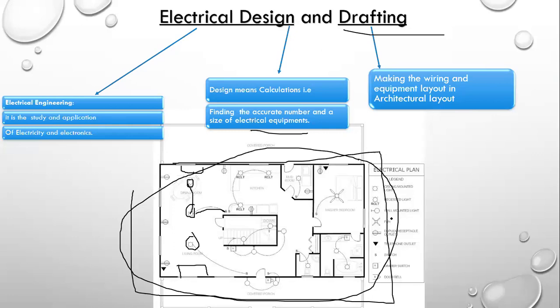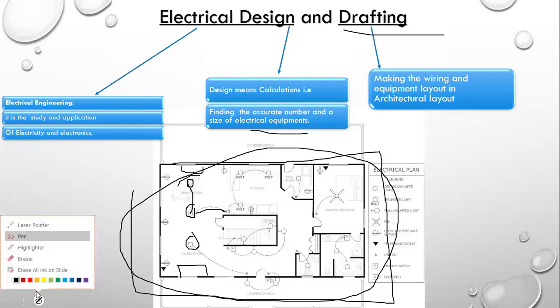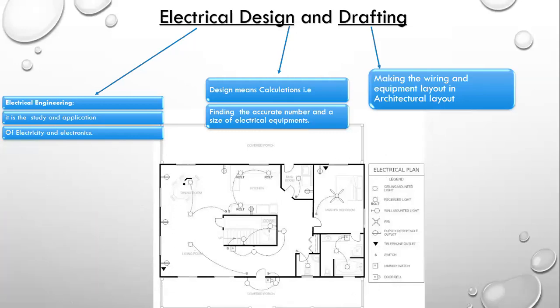But as an HVAC designer, you should know the role of the electrical designer. That's why I told you about electrical designing and drafting, because there should be coordination with the electrical designer and the plumbing designer. Suppose the electrical designer has placed a lamp here, and you want to place an AC there.